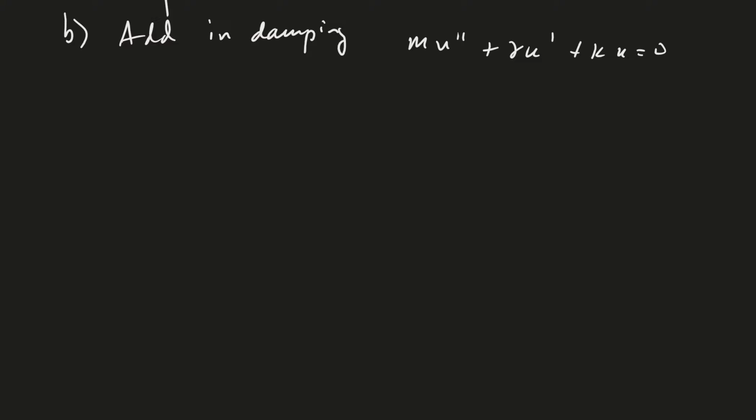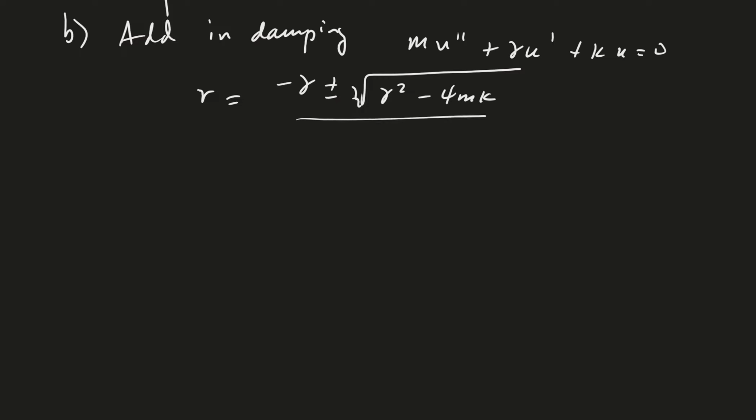And so we can solve our characteristic equation, minus gamma plus or minus the square root of gamma squared minus 4mk, all divided by 2m. Good. And so what happens from here is, remember, we have 3 cases, depending on if the discriminant is positive, negative, or 0.